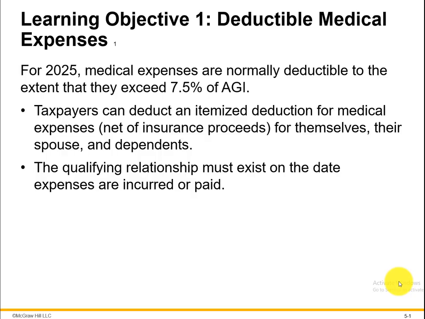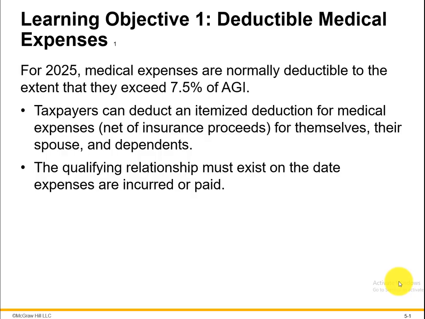But if you were able to lower your AGI by $5,000, that would make more of your medical expenses deductible. Not only would it have the obvious benefit of lowering your AGI, it would also increase your ability to deduct something else, which in this case is medical expenses. So that's a good example of how all of these rules interact with each other.